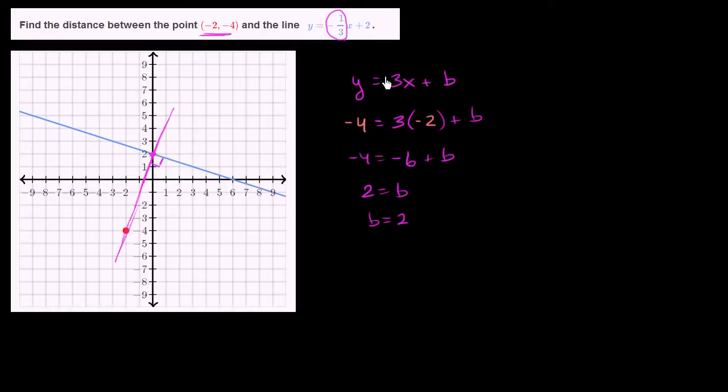If it wasn't so obvious, we could set these two equations equal to each other. We could say, look, we have 3x plus 2. We know that this is now 3x plus 2 because b is 2. When does 3x plus 2 equal -1/3 x plus 2? Well, let's see. If we subtract 2 from both sides, when does 3x equal -1/3 x?